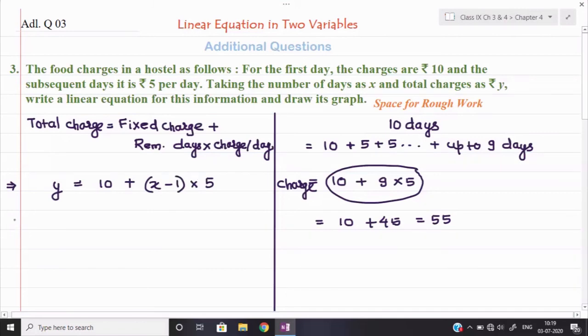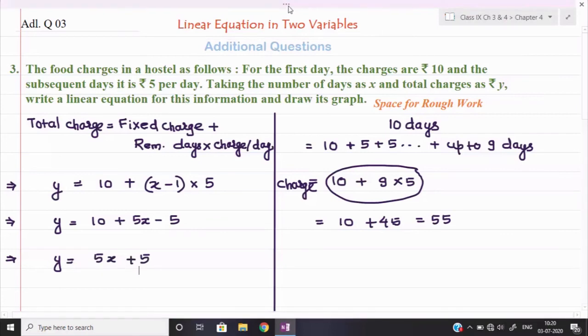So the equation will come y is equal to 10 plus 5x minus 5, and 10 minus 5 is equal to 5. So y is equal to 5x plus 5. This is our equation. Now this equation I need to plot onto the graph paper.